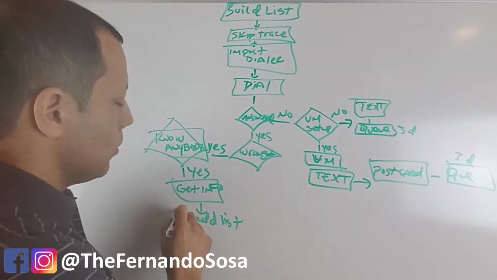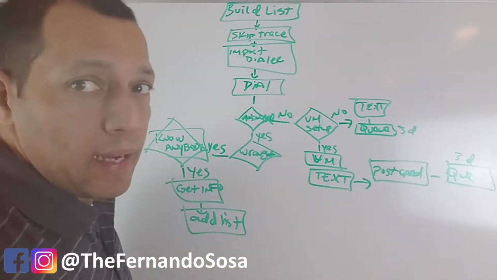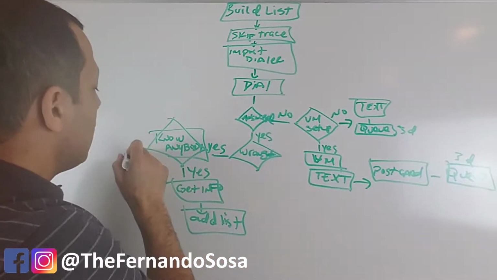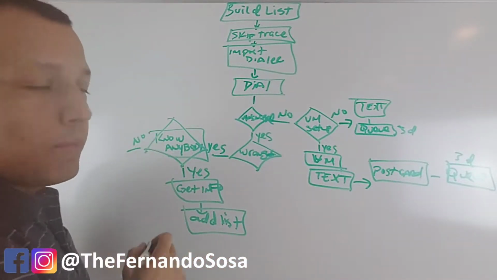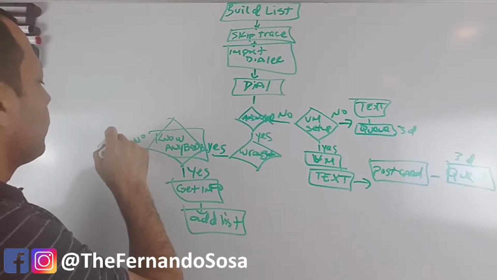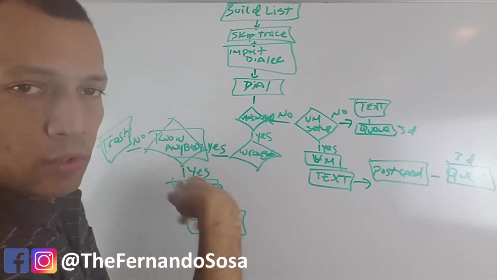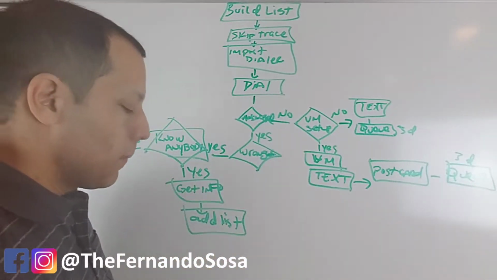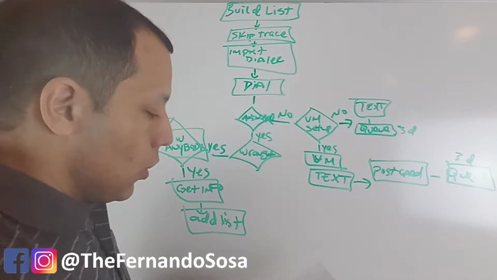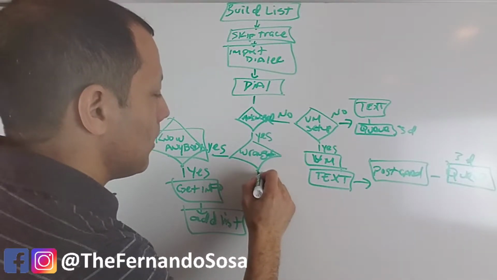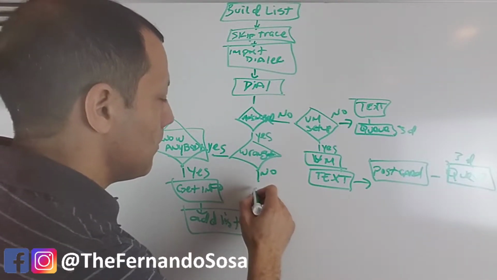Then you update the list and put it back into the process. If they don't know anybody, then it's just trash. You trash the number, and you make sure you get that done so you don't waste your time with the same number again.